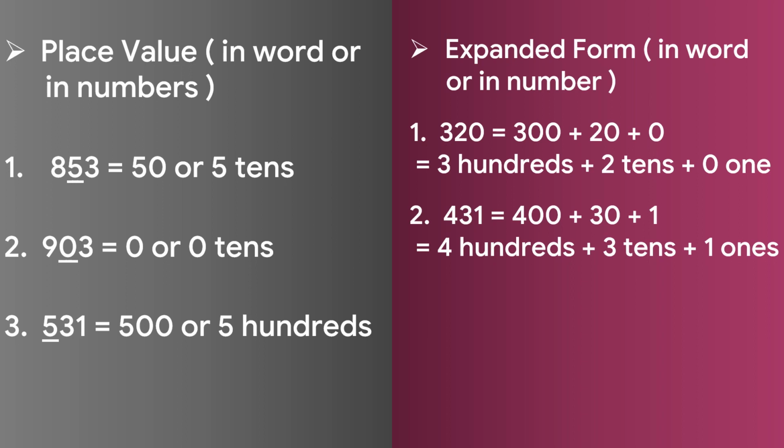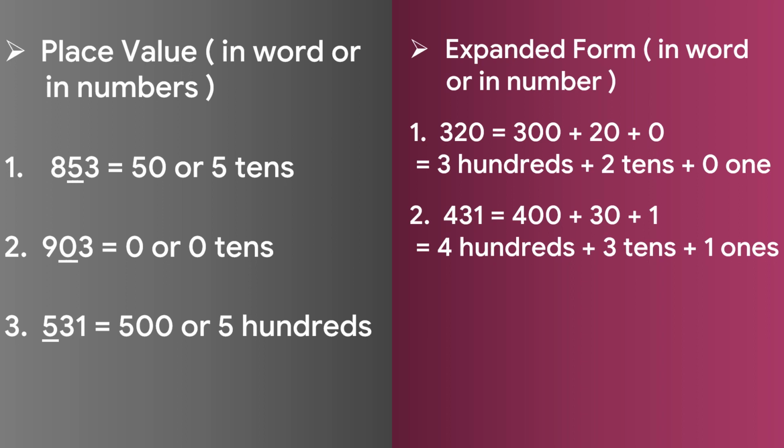Please remember that whenever you write down the expanded form, you have to write down the place value of each digit, and after the place value of each and every digit you have to put a plus sign, an addition sign.